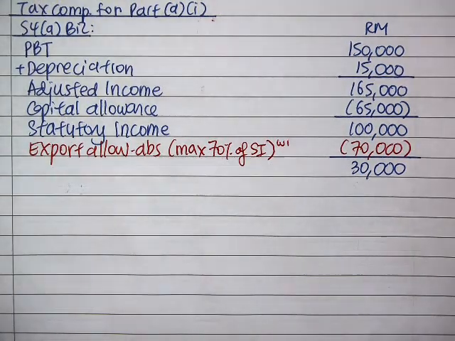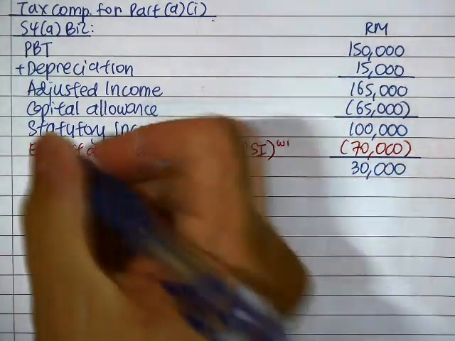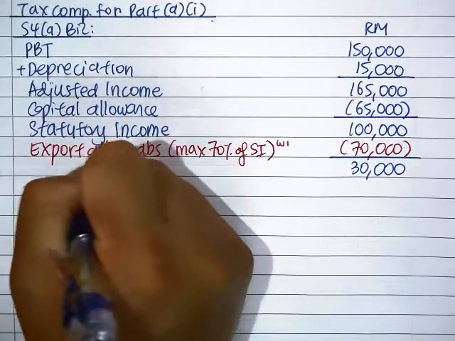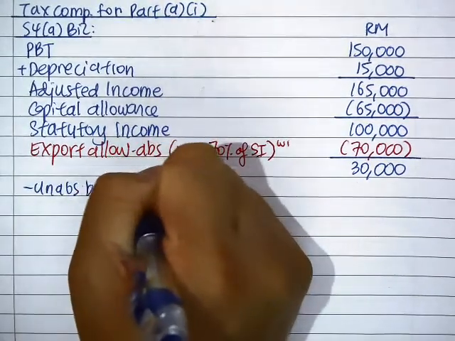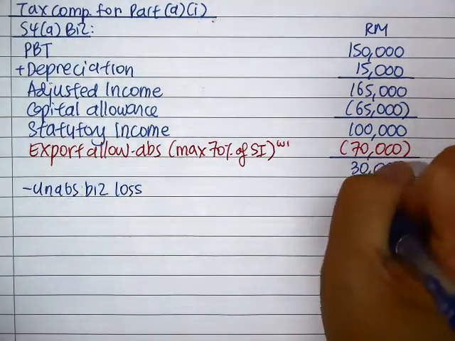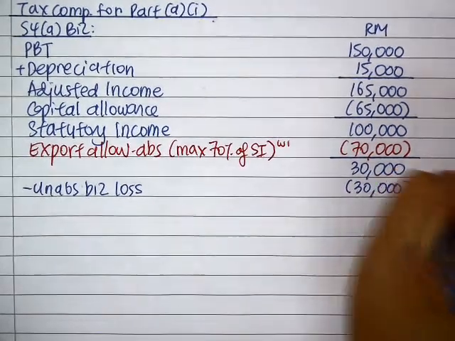Now what other adjustment do I need here? They mentioned that you have an unabsorbed business loss. There is no investment income. That's all. There's no donation as well. So in that case, this is the net business SI. That's where you minus unabsorbed business loss, which is 30,000.